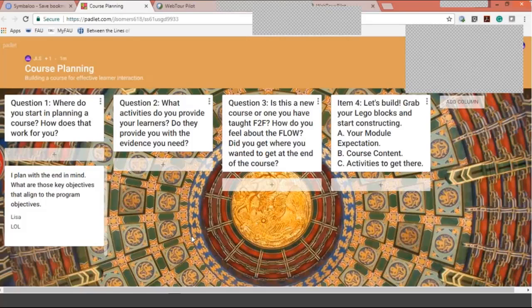What activities do you provide your learners? And do those activities provide you with the evidence that you need? When we're talking about the activities and the evidence, I typically try to use the term evidence with the faculty that I work with, because alignment isn't necessarily a term that most of us are familiar with or use on a regular basis.